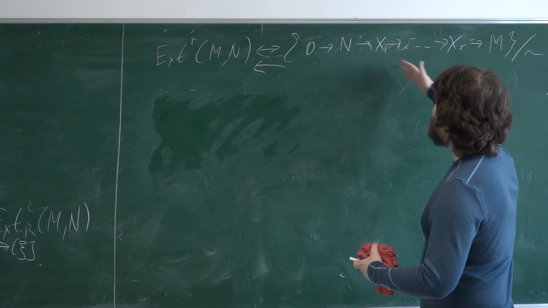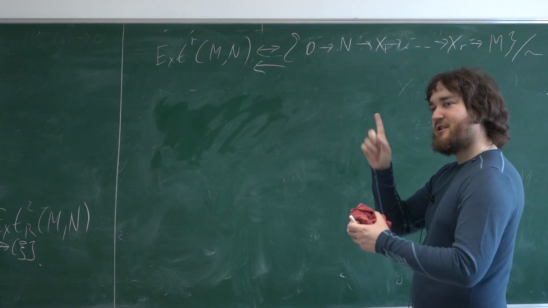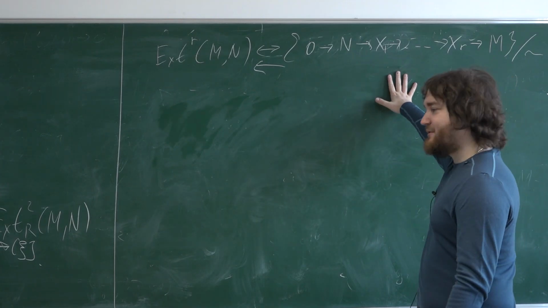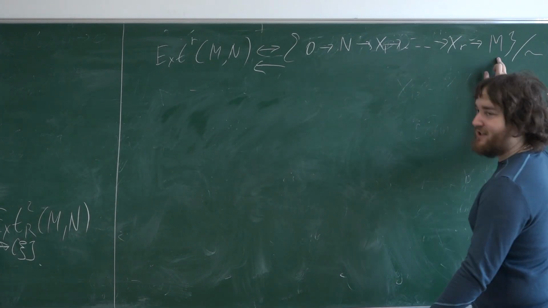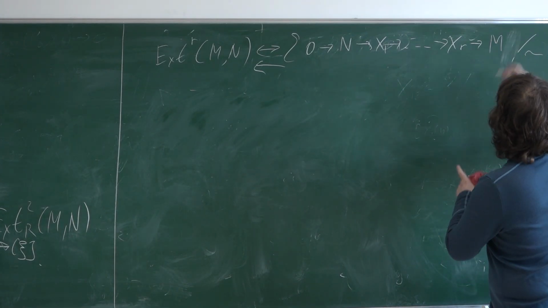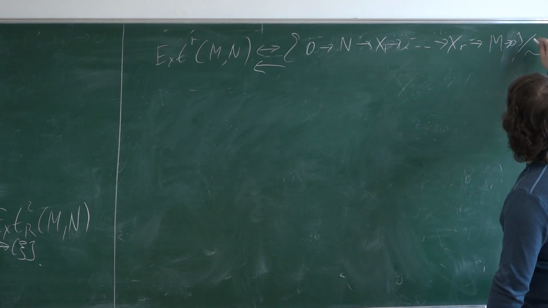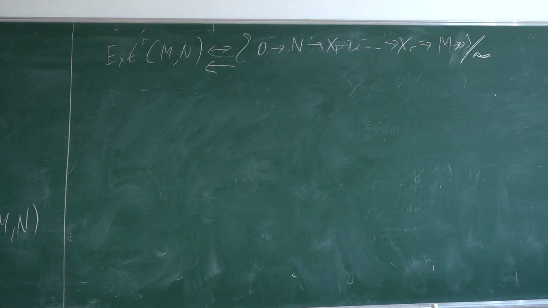So two extensions are equivalent if there exists a zigzag of maps between them. These maps don't need to be isomorphisms on the X_i. They must be identical on N and M, but the maps on the middle terms can be arbitrary. If you consider this equivalence relation, this will be a bijection. And also this is an abelian group, you have some Baer sum and so on.